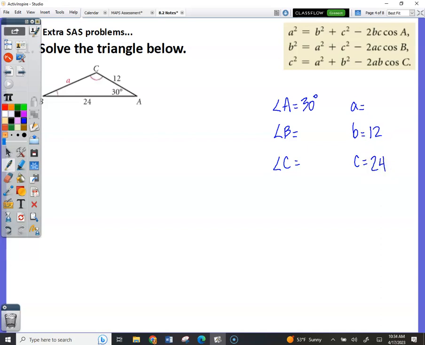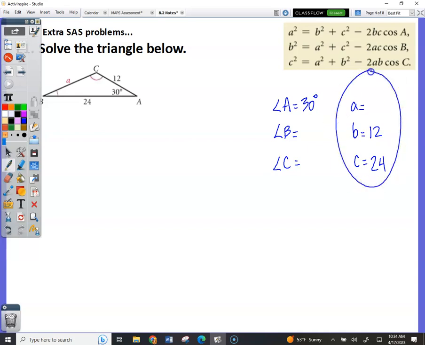When you make your chart, the fact that there's no anchor fraction is your clue that you're doing law of cosines, because there's no anchor fraction with law of cosines. I always start with finding the side that I'm missing the most, or that I know the most about the information.